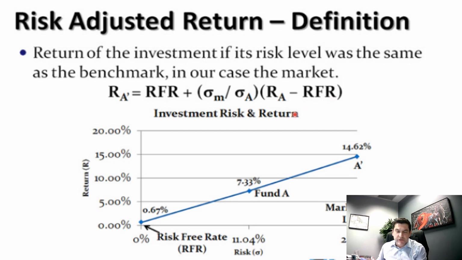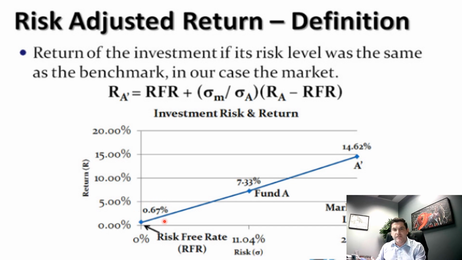Now, really the risk-free rate is 0, because every investment out there has some level of risk. But for the purposes here, most investors and managers are using the 3-month Treasury as the risk-free rate, which right now is about 0.67. The reason that's used is short-term debt, the depth and liquidity of the government securities markets, and it's the U.S. government.